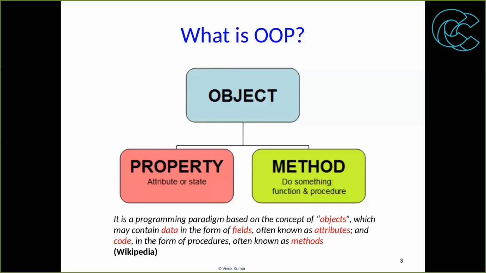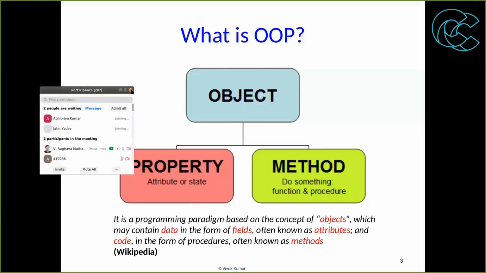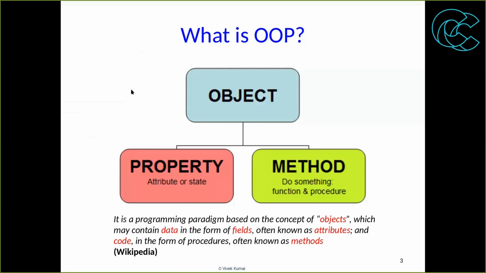I am a separate individual, my kid is a separate individual. So in that sense, there is this demarcation, and then I will pass a message to the kid saying please clean up your place and we can have dinner, right? So after cleaning up the place, my kid responds back saying that it's done and then we can have dinner. So there's a communication that's happening between these two individuals, and the communication happens in the form of messages, right? So that's one of the important characteristics of object-oriented programming.